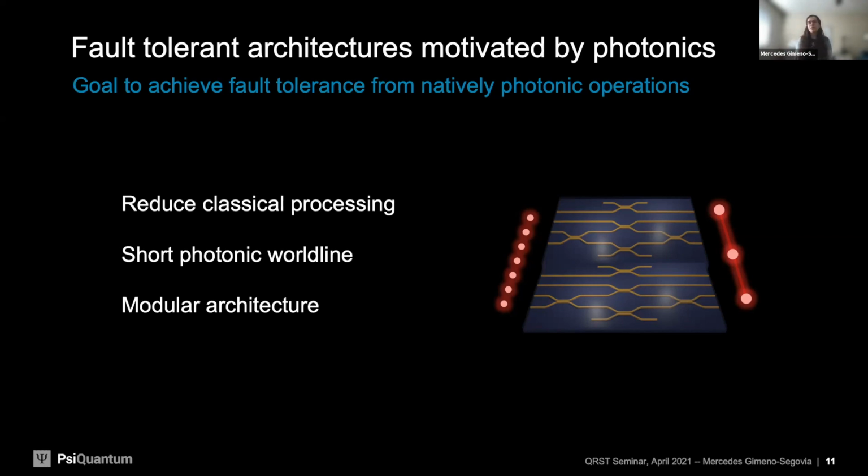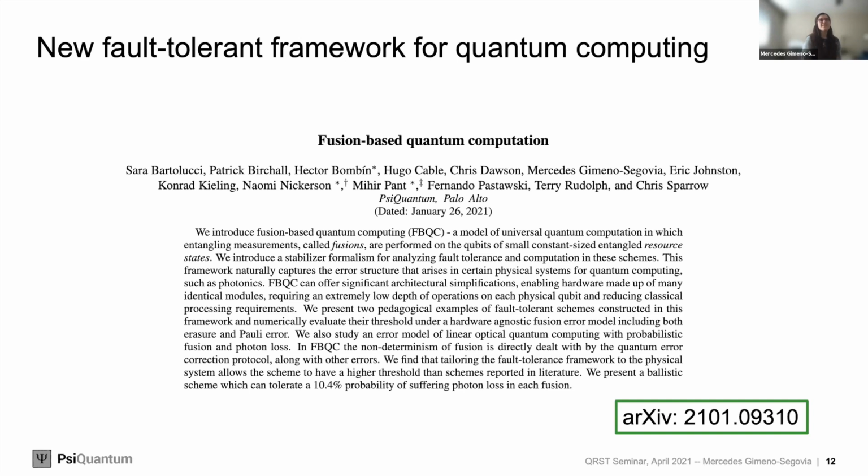We can build maybe one bespoke large system, but really when we want to be able to expand, to increase the size or increase the capabilities, modularity is really key. So that's one of the things that we are focusing on as well. So with all that, we have been working on this new fault-tolerant framework for quantum computing for a while, and we published a paper recently in January on the arXiv on this topic.